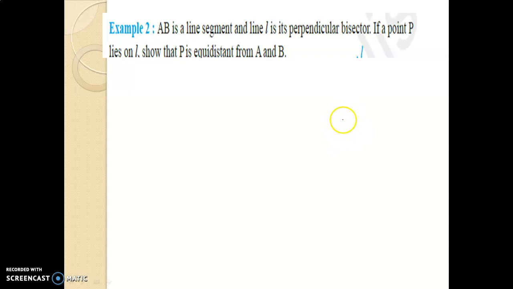Now I am going to draw the diagram here. Let us take this line segment AB.